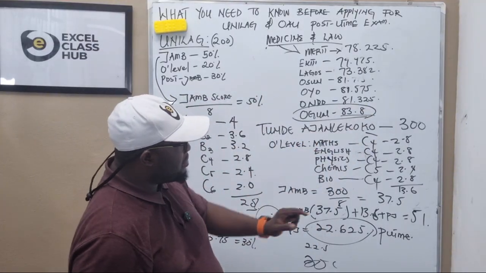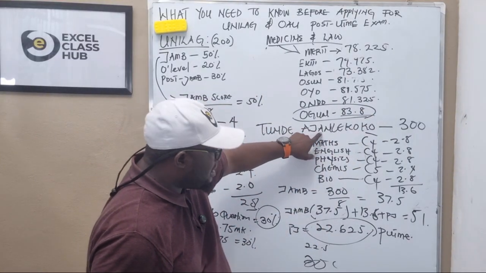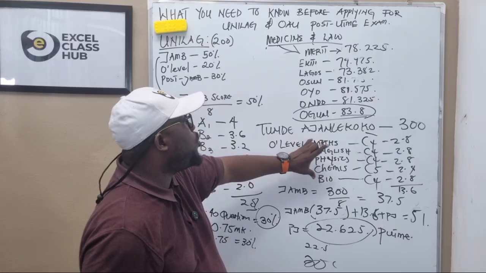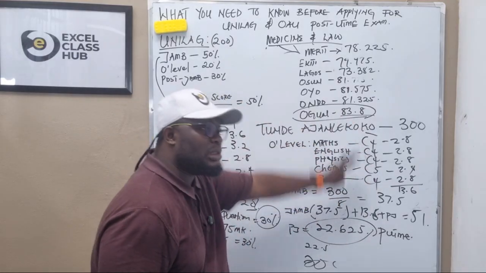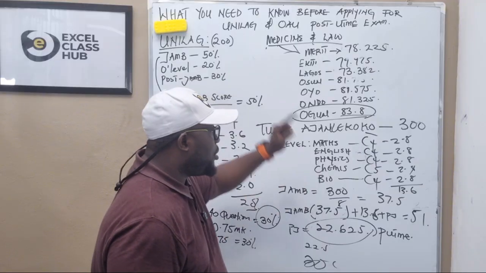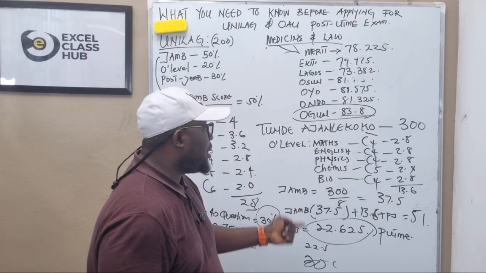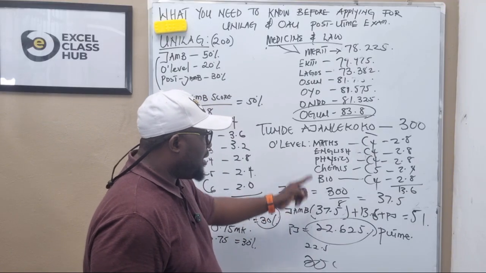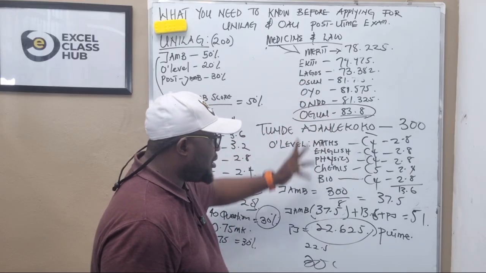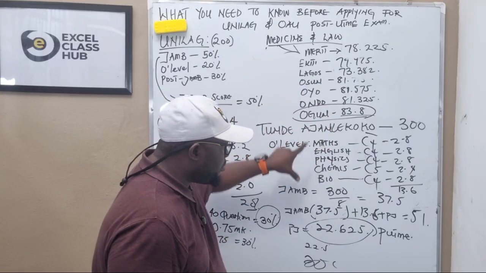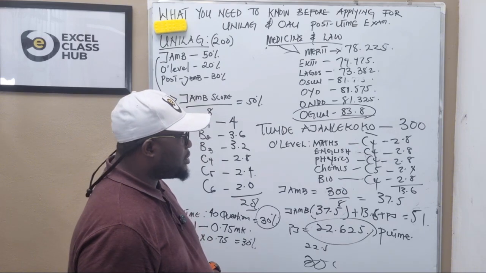So very important: your JAMB score does not matter alone. What matters is your O-level result. If you're having this kind of result and you want to study medicine, please rethink. Rewrite the exam. Go and write your WAEC or NECO and make sure you aim for at least 3 A1 and 2 B3 in your major subjects. Am I communicating?